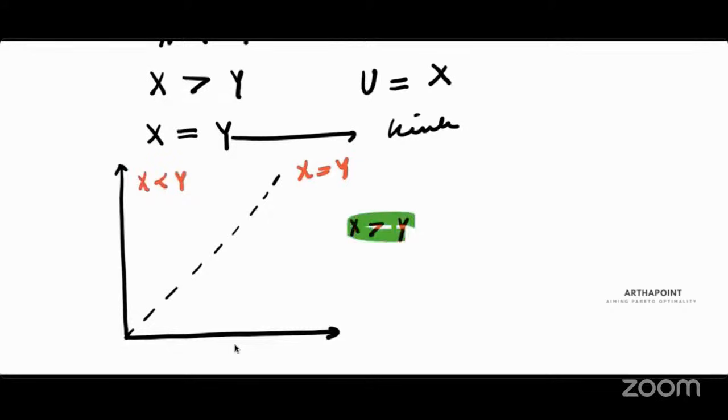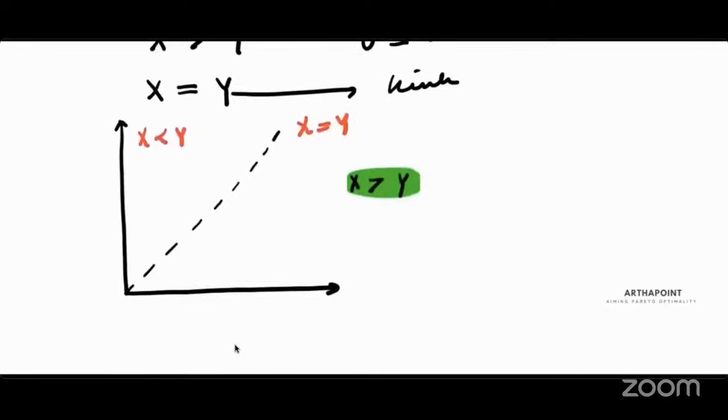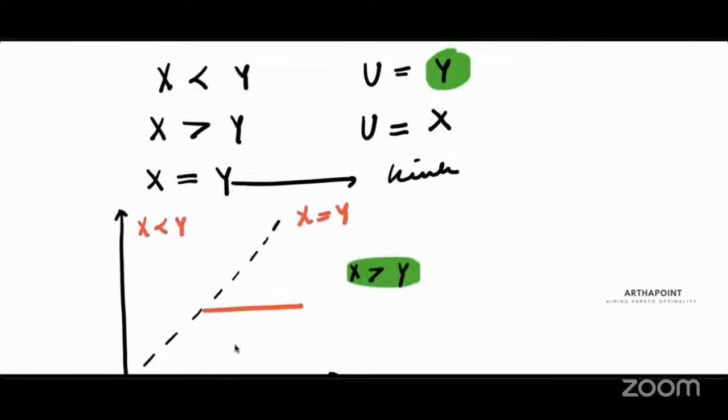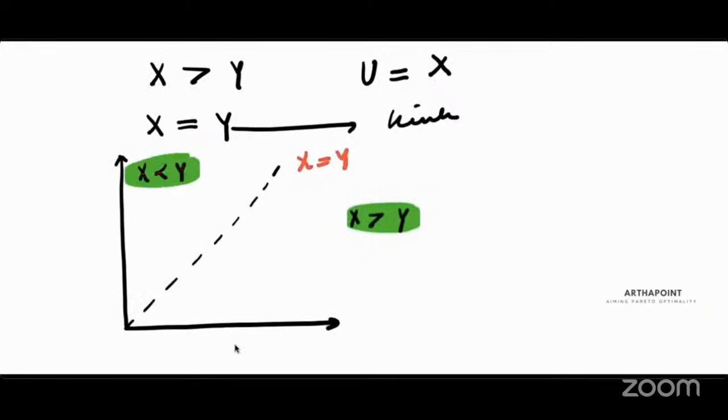When x is less than y, you have u equal to y, so you have a line at y. And when x is greater than y, you have a line at x. And this is the point of kink.